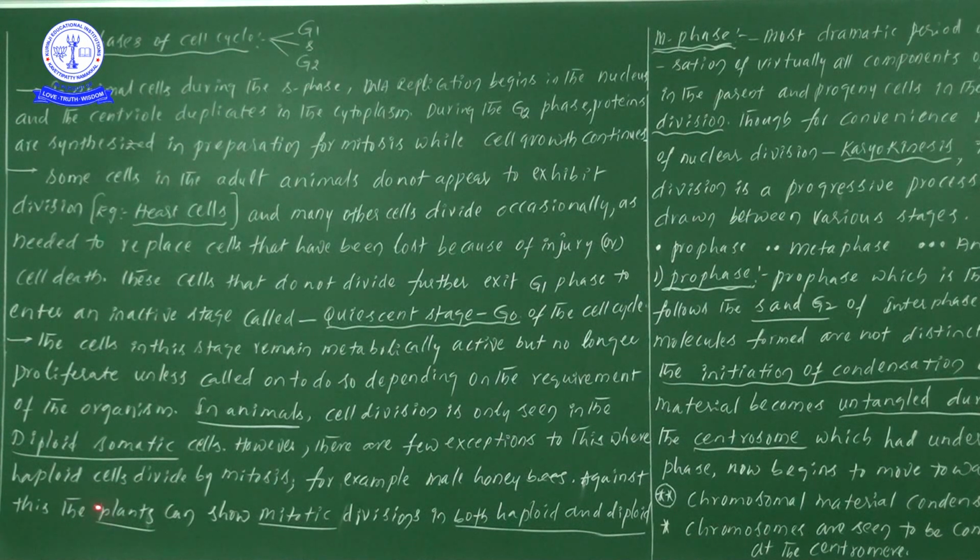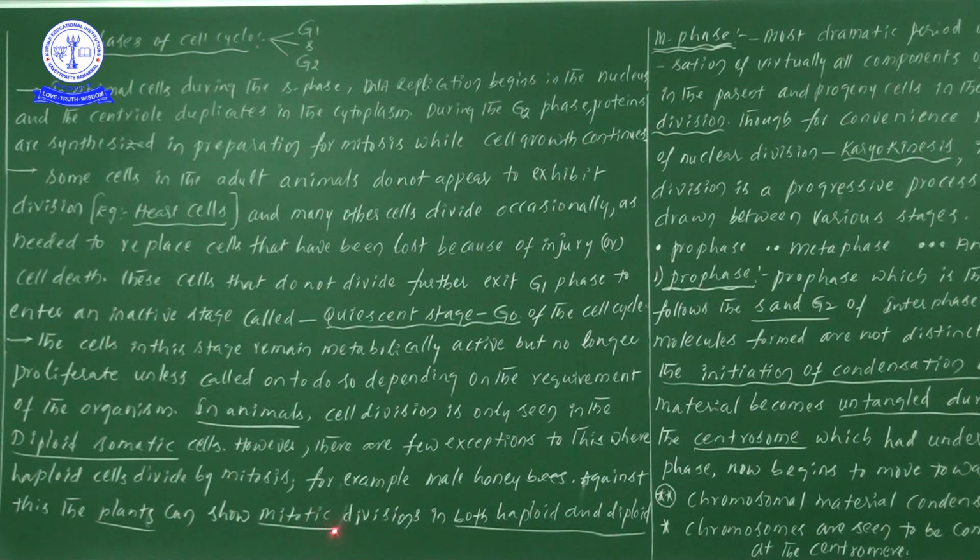Next, from the plants' point of view, plants can show mitotic divisions in both haploid and diploid cells or organisms.